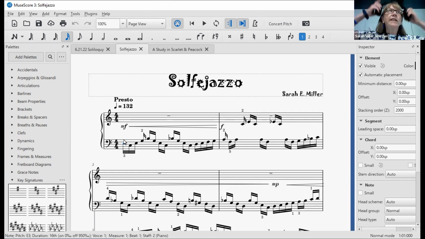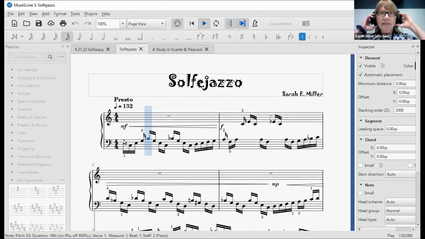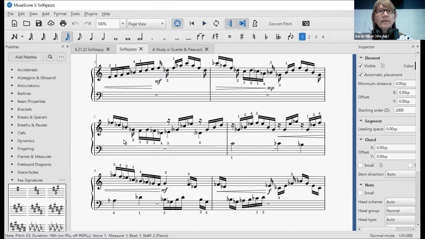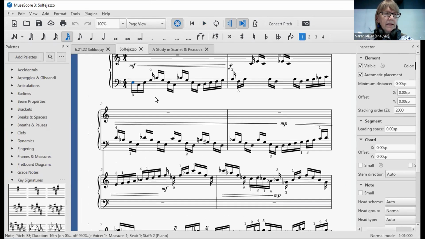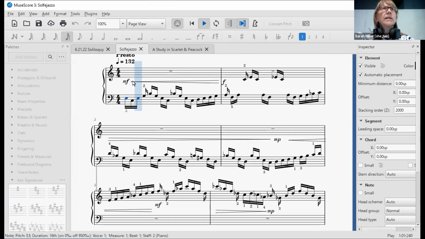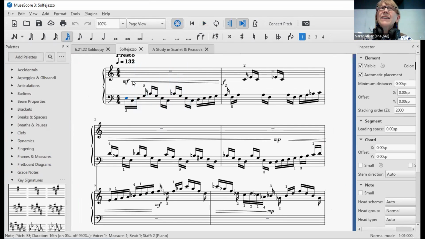So tell me if you can hear this. No. I'm hearing it in my headphones. Let me try not my headphones. It's not through the speakers here. Do you know how to make it go through the speakers?